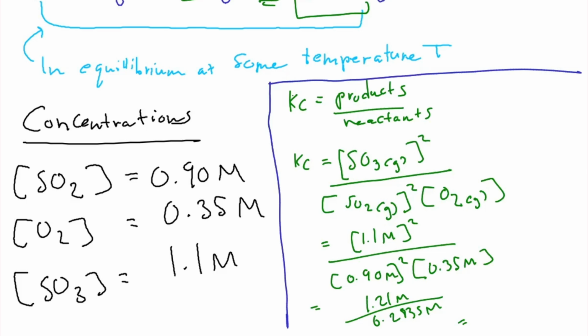We get 4.26, or we can round up because it's an 8, so we do 4.27. But our Kc doesn't really have any units like moles or anything. You just leave it as 4.27. So our equilibrium constant is 4.27. You can box that. You can write a sentence here saying the equilibrium constant is 4.27, but I think this is enough for that.